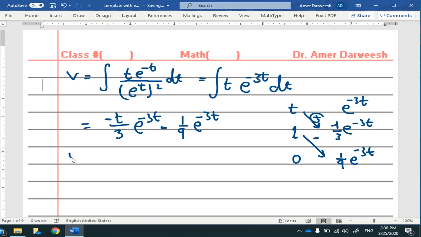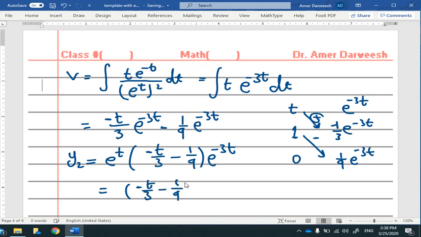So now y2 will be y1, which is e to the t, times v. So I have minus t over 3 minus 1 over 9, factoring out e to the minus 3t. So y2 will be now (minus t over 3 minus 1 over 9) times e to the minus 2t.